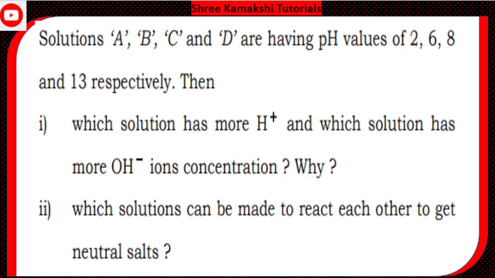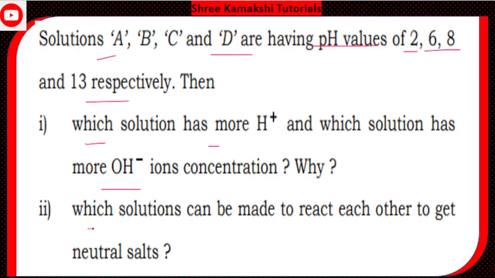The next question is, solutions A, B, C and D having pH values 2, 6, 8 and 13 respectively. The first question is, which solution has more H plus and which solution has a higher OH minus ion concentration?